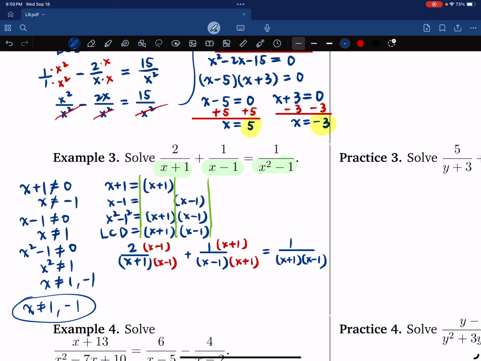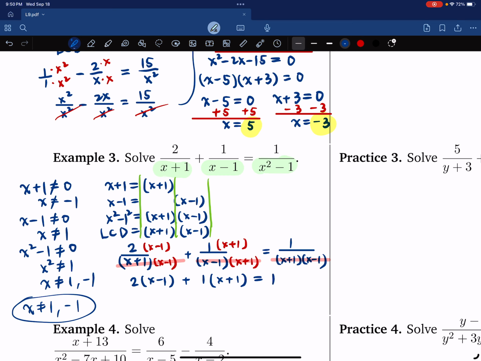Okay, now our equation is transformed to fractions that have the same denominator. We can cross out all of the denominators, and then let's write down what's left. We have 2 times x minus 1 plus 1 times x plus 1 equals 1.